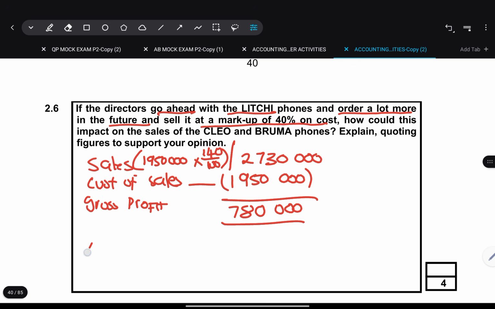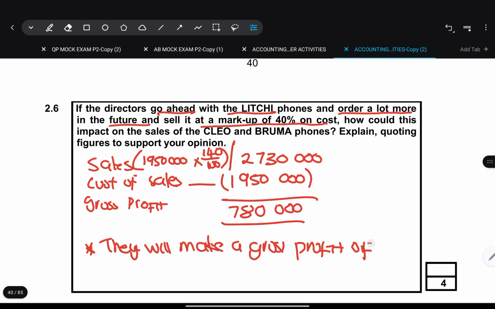So they will make a gross profit of 780,000 on a lychee.